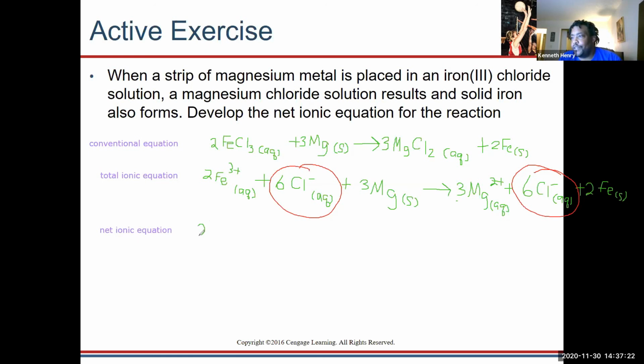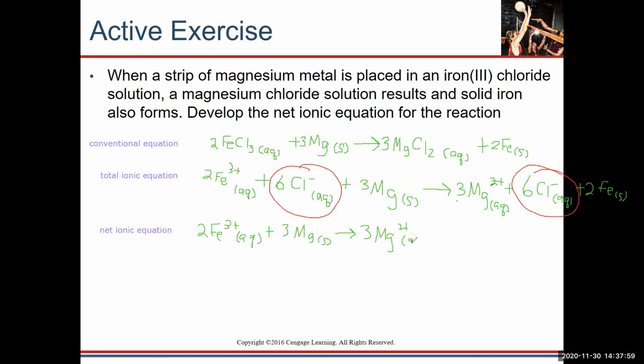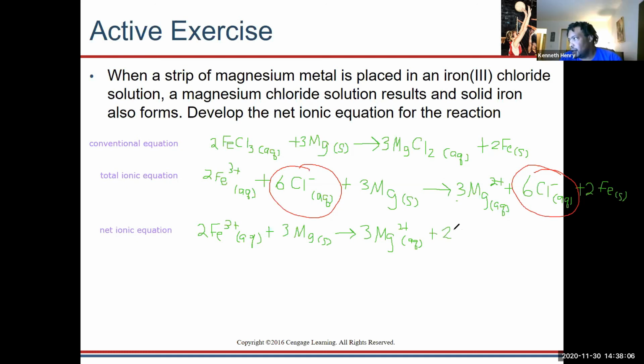Okay. So then we're just left with 2 Fe 3 plus aqueous, plus 3 Mg solid, yields 3 Mg 2 plus aqueous, plus 2 Fe solid.